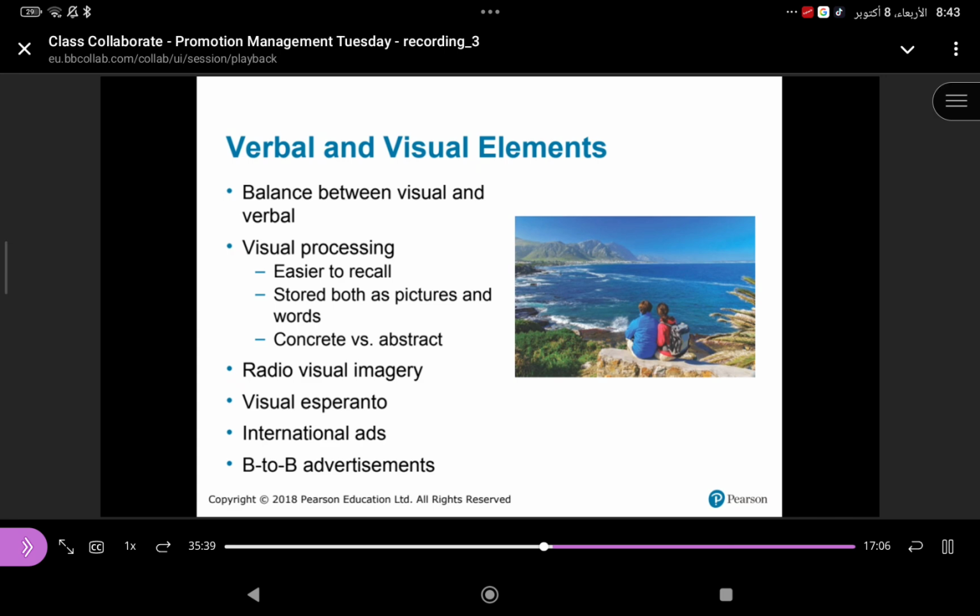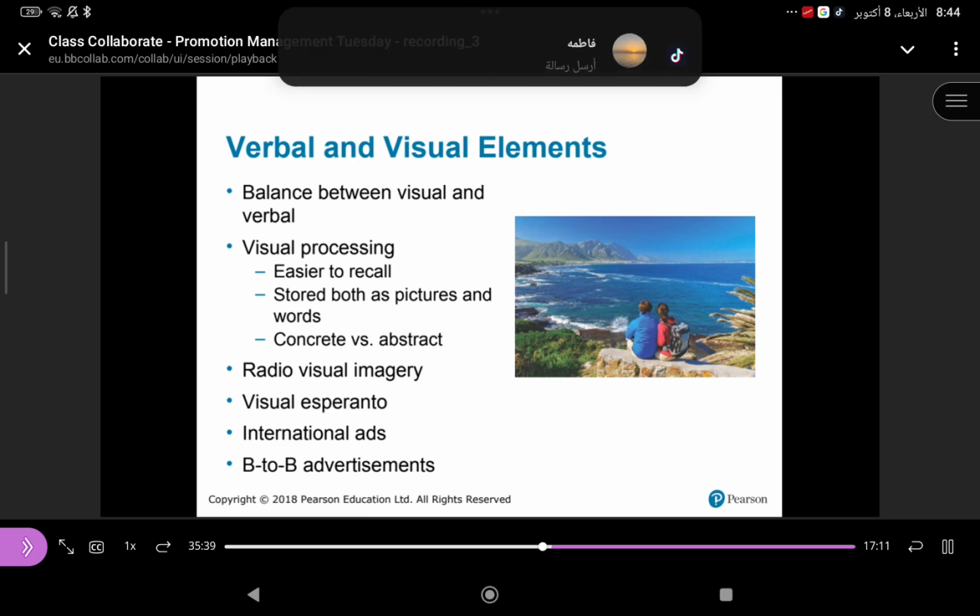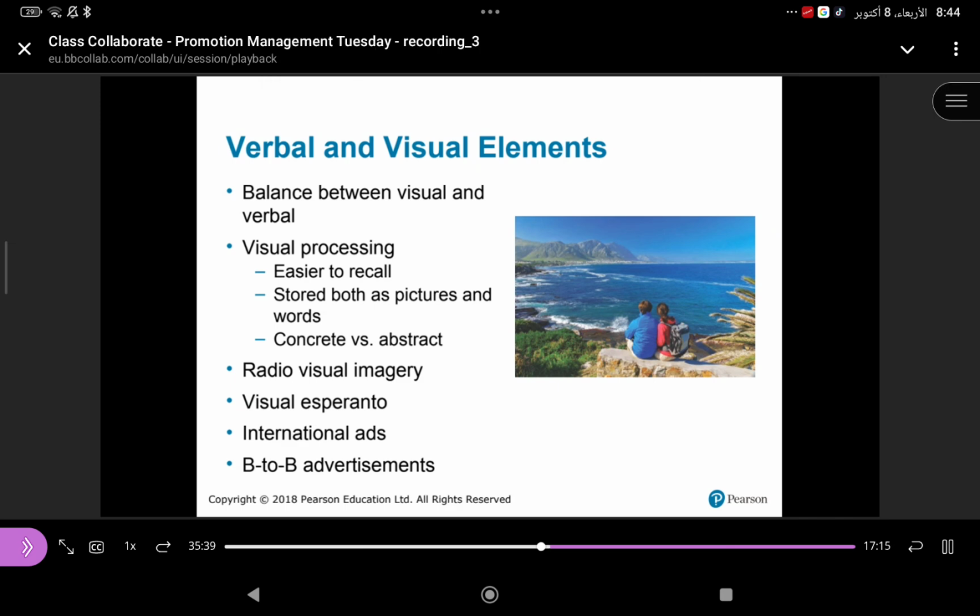So there are roles of visual elements also. They create first impressions, trigger emotions and responses, make messages memorable. They try to convince people.